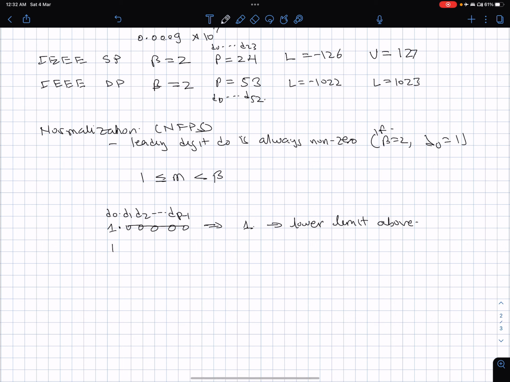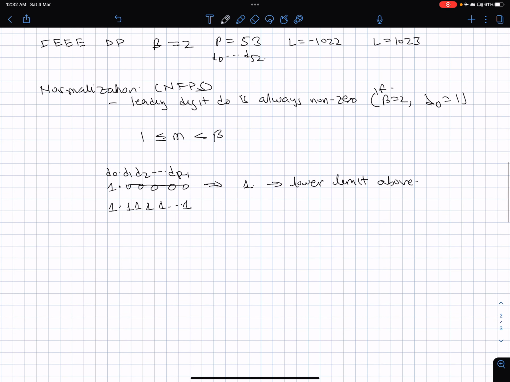And for the largest possible mantissa, you should set all of these to the largest digit. Each digit can take a value from 0 to beta minus 1.